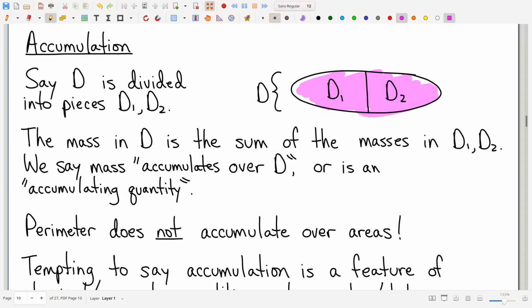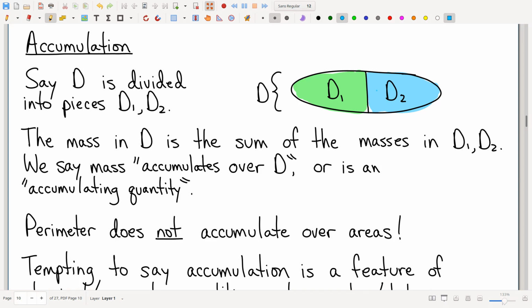And then if you look separately at the mass on D1 and separately at the mass on D2, well, the green mass plus the blue mass will give you the whole mass, right? Said differently, you can't make mass appear or disappear just by separating the region into two distinct sections.